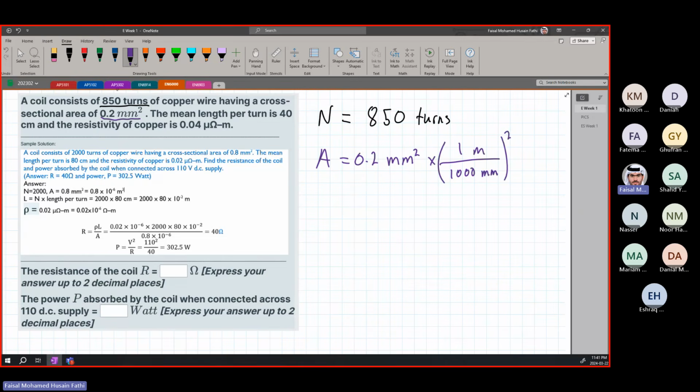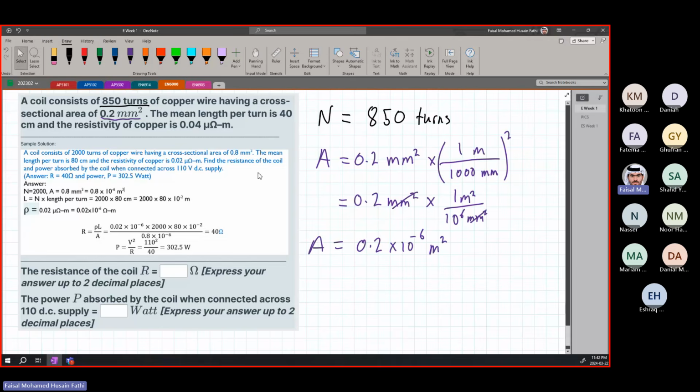And then we're talking about squared. So this is going to be equal to 0.2 millimeters squared times 1 meter over 10 to the power of 6 millimeters squared. Cancel, cancel. So the area is 0.2 times 10 to the minus 6 meters squared. Okay? We found the area in meters.